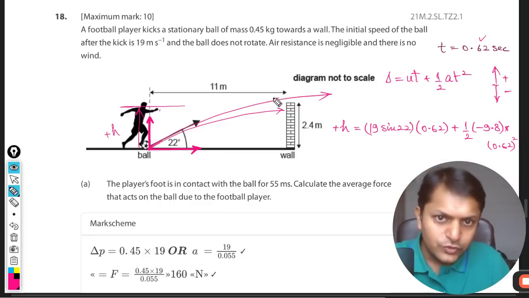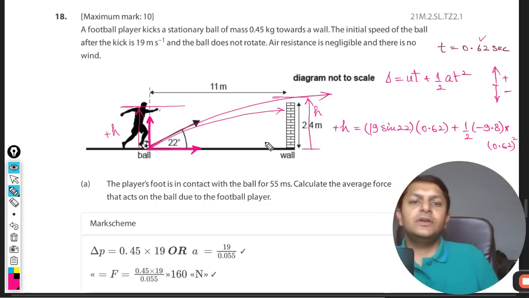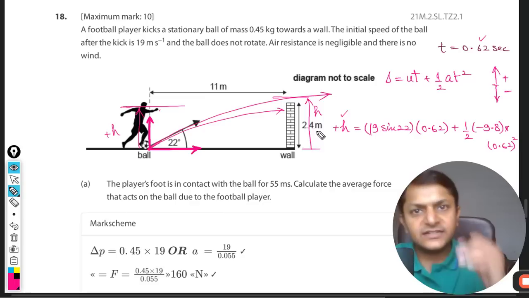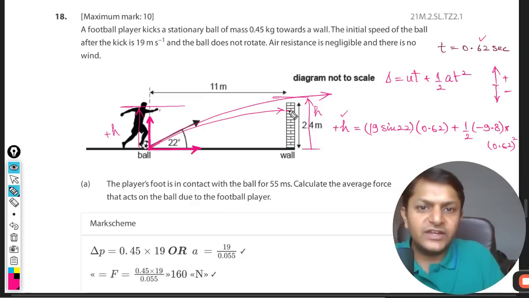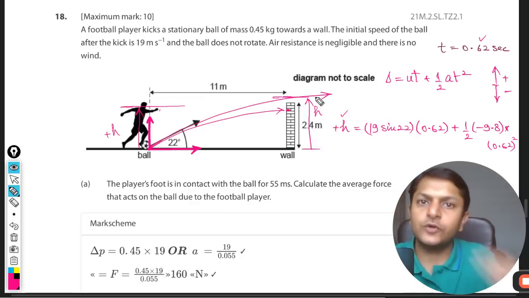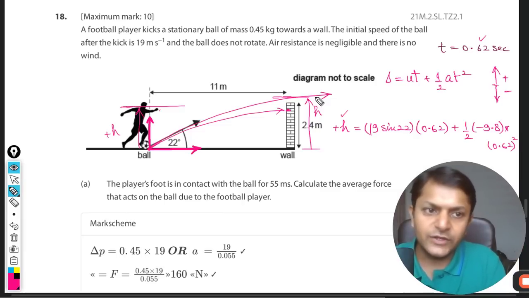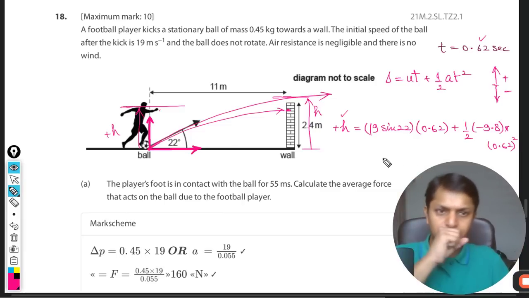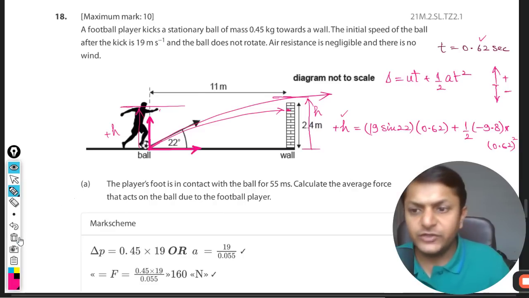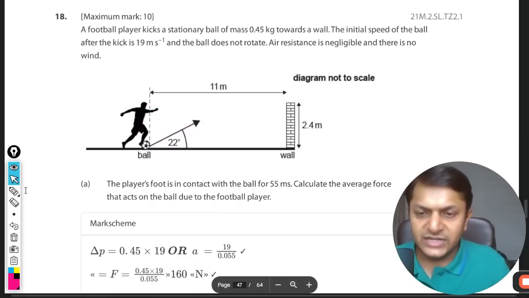So you want to find the height and we will see if this height is lesser than 2.4. If it is lesser than 2.4, then it is definitely going to hit the wall. If it is more than 2.4, it will pass over the wall. That is the philosophy. So I'm not doing the calculation here again. You can do it by yourself. I will show you the mark scheme, how they have done.